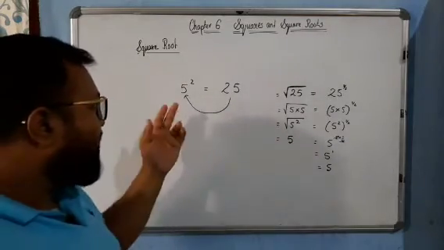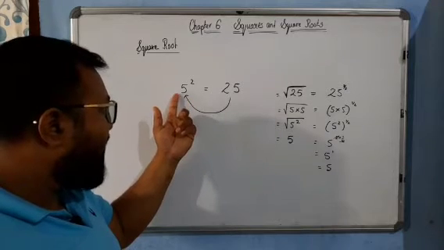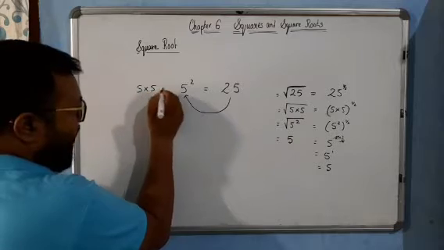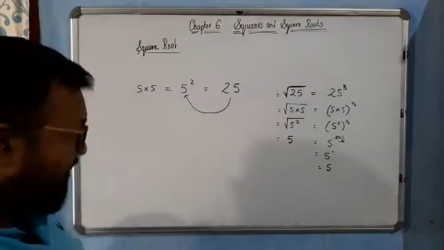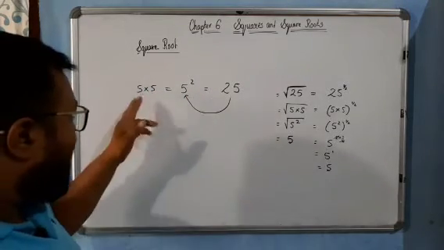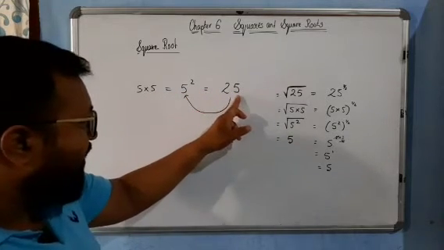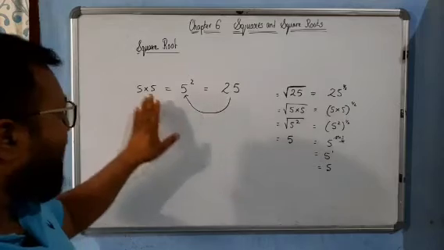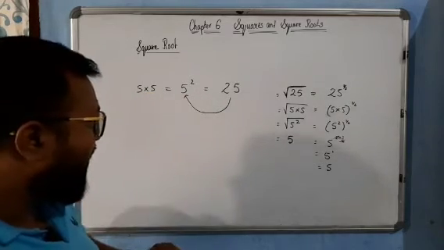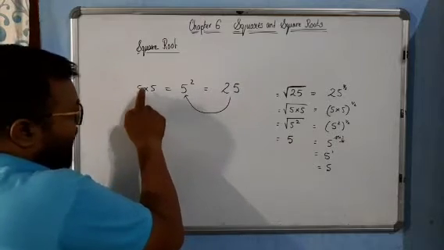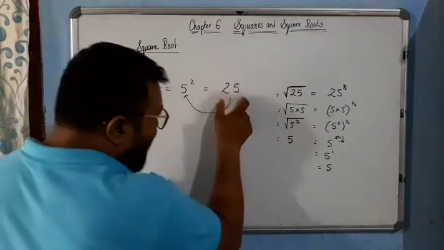If we multiply a number two times, 5 into 5, let me write it once more here, it will be easier to understand. 5 into 5 gives you 5 square, which is equal to 25. So 25 is the square of 5. When we multiply a number by itself, it gives you a perfect square number.